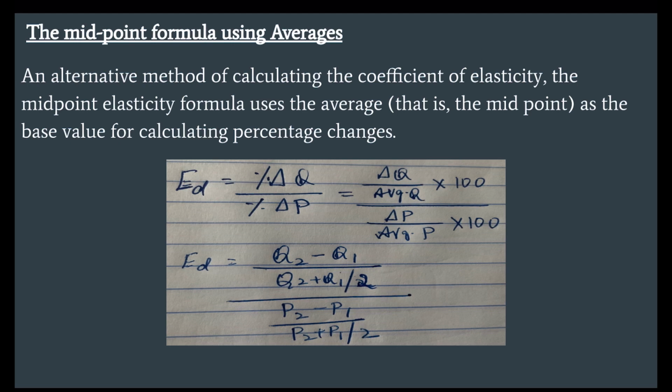Elastic demand equals delta Q, which is the change in quantity demanded, calculated by Q2 minus Q1 over the average of Q, that is Q2 plus Q1 over 2, times 100, and the percentage change in price is delta P, that is P2 minus P1 over the average price, that is P2 plus P1 over 2, times 100.